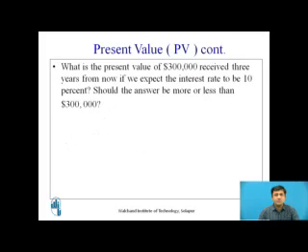Please go through this example. Here we'll first understand with the help of an example the present value of $300,000 received 3 years from now if we expect the interest rate to be 10%.